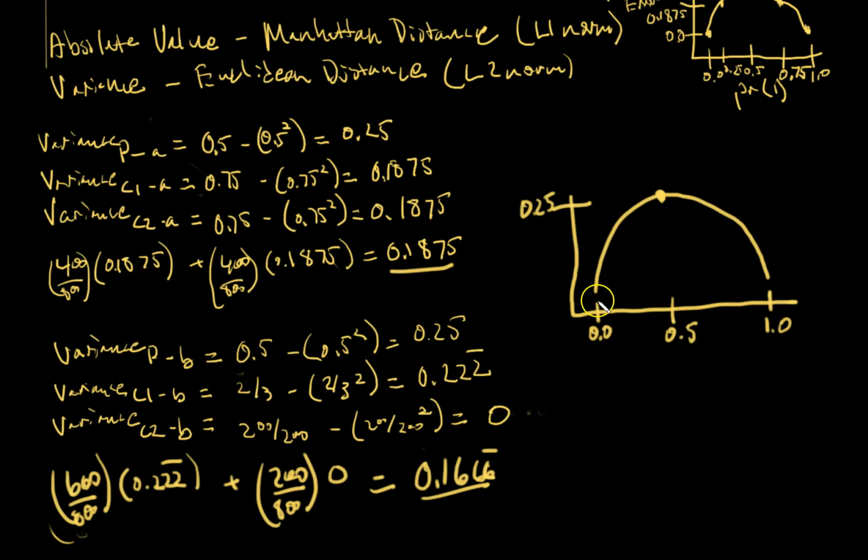We had a weight right here, and then we had a weight at 0.2222 repeating. So we had another weight right here.